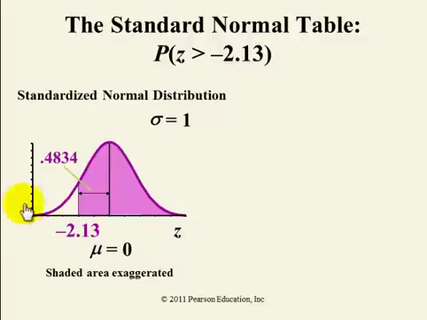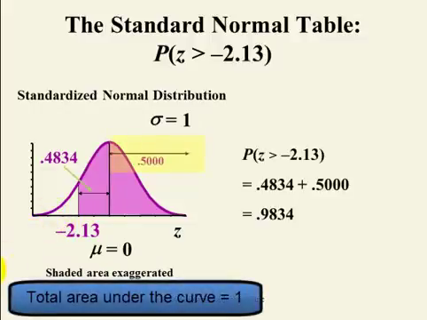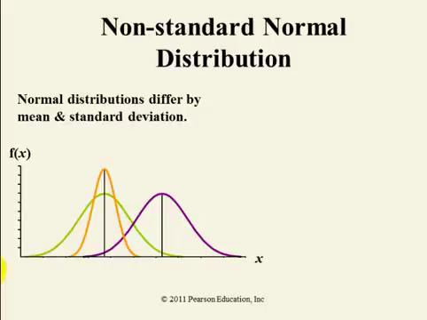So from this area on to the right is a half, and from this area on to the left, the area under the curve is a half. Now notice in all these that they've exaggerated the shaded area, because this would be a little bit further. Anyway, they want to make a point there. So that's the probability that it's greater than negative 2.13.